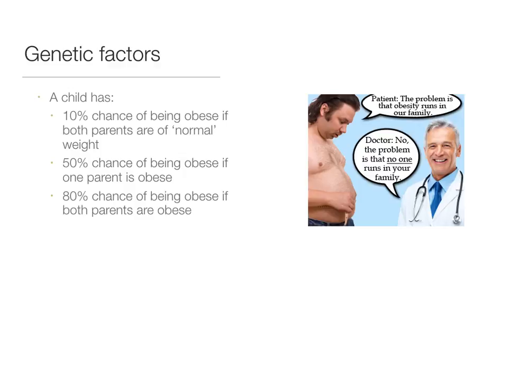I kind of like this little graphic to the right. Here, the patient reports to the doctor that the problem is that obesity runs in our family. The doctor's reply: no, the problem is that no one runs in your family. This gets to the heart of the issue of nature versus nurture.